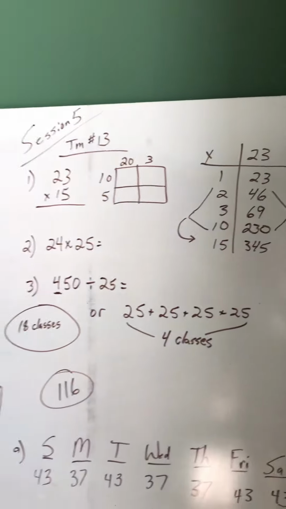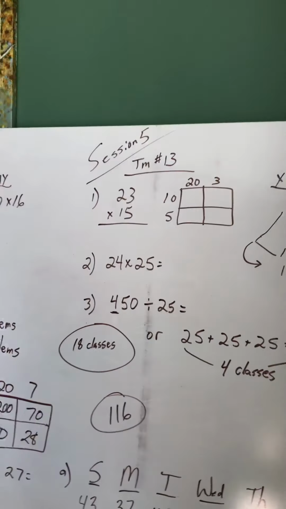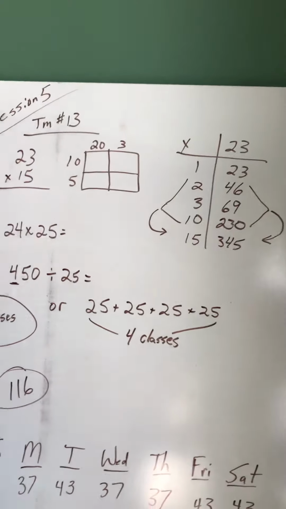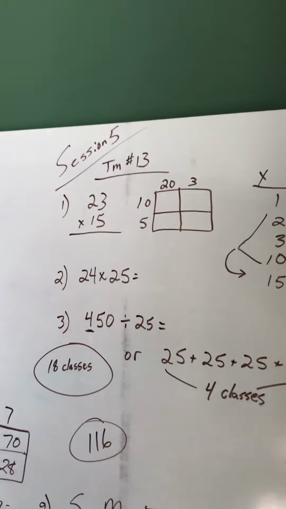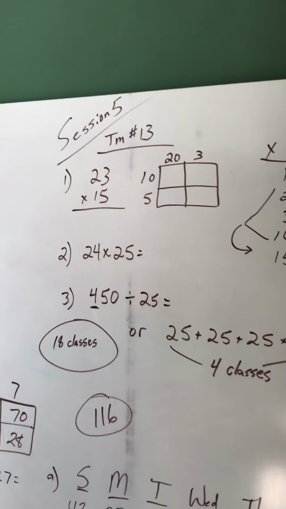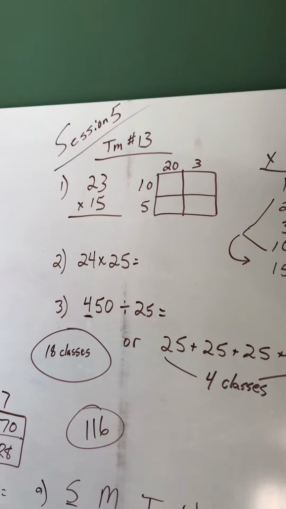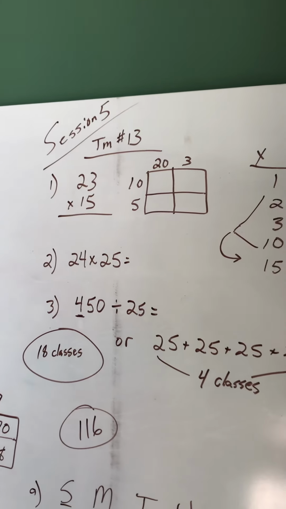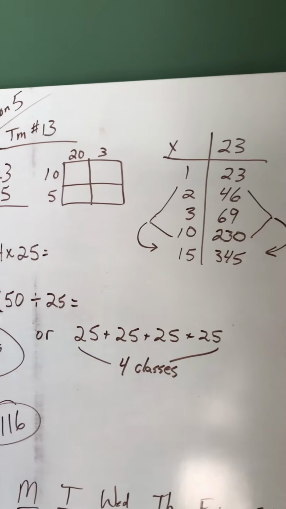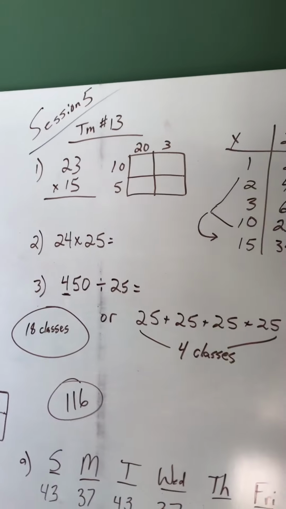Session 5, we're going over 4 and 5. All of that was Session 4, okay? Session 5 comes from Teaching Master number 13 in the teacher book. And your teachers were supposed to give you 3 word problems from the Bridges Teacher Masters, and we're going to go over them in class.